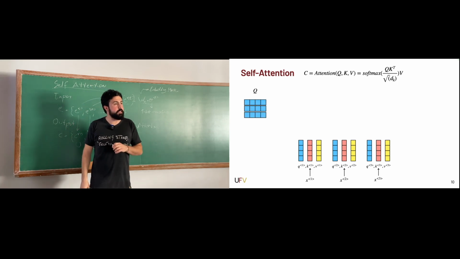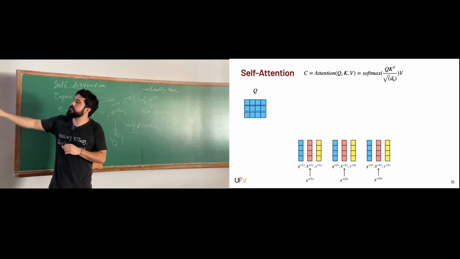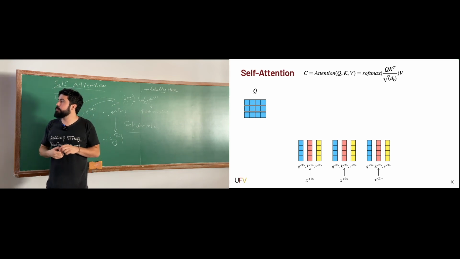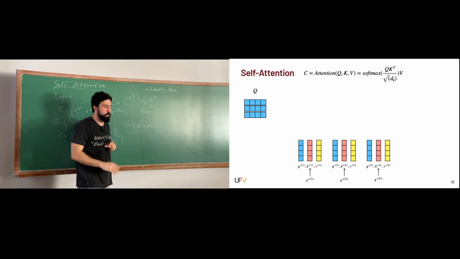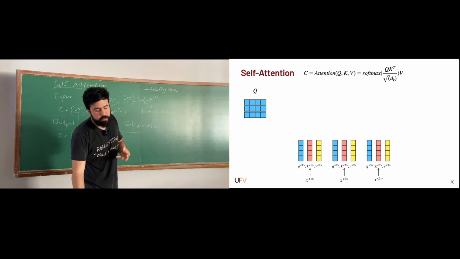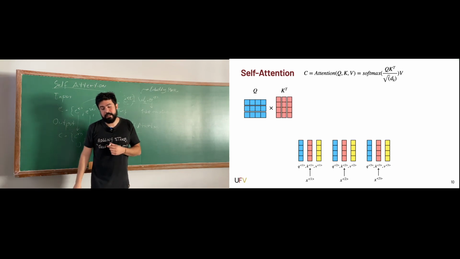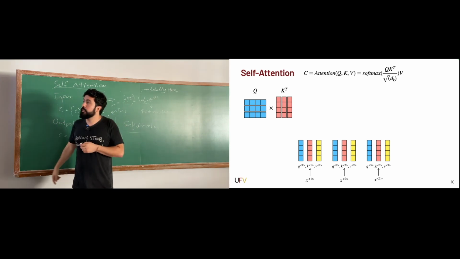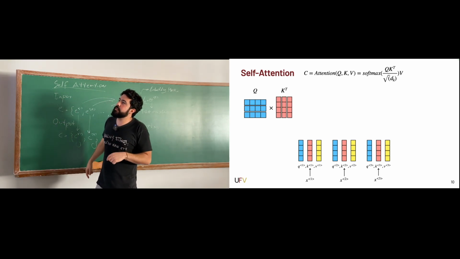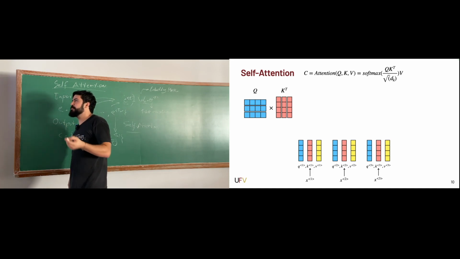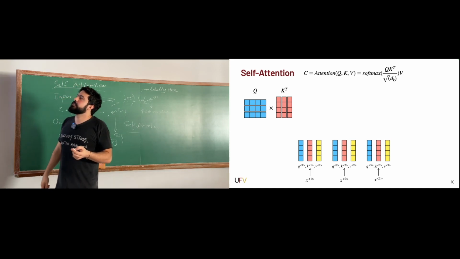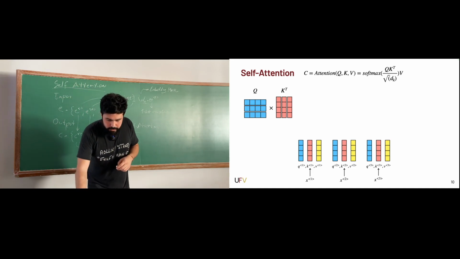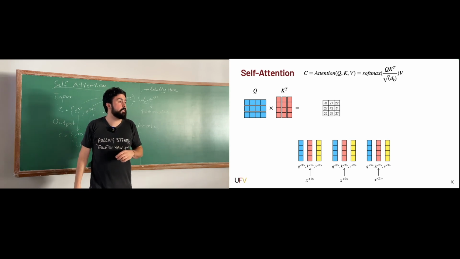So here's my Q matrix. Okay, I just stacked those 3 blue vectors in rows. And I do the same for the K matrix. But I transpose it. So I have a 3 by 4 matrix and a 4 by 3 matrix, right? So the result is a 3 by 3 matrix, right?